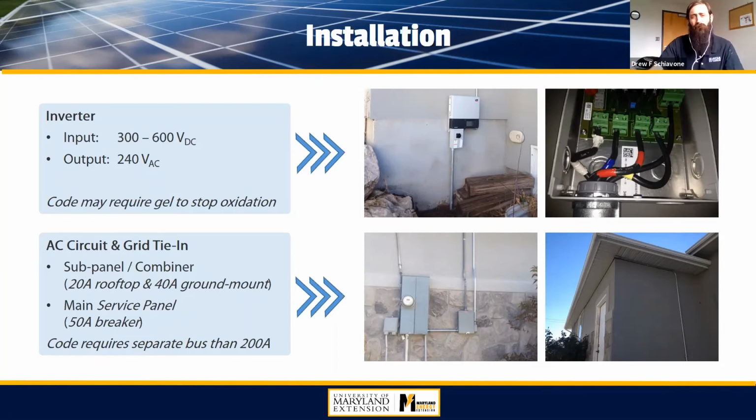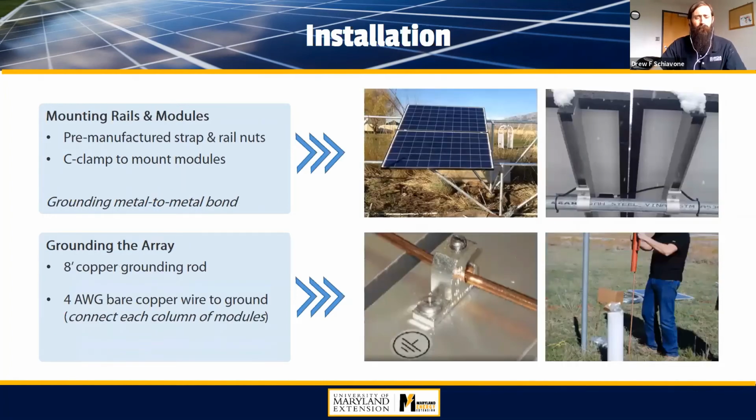There are obviously a lot of code requirements for that, and we're not going to have time to get into the details, but that's the general idea. There are a few more aspects to this. Actually attaching the modules to the railing now: the railing was purchased from a solar retailer.